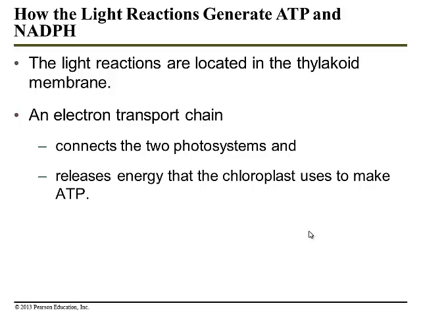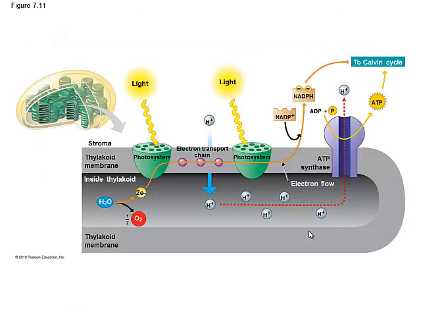So, we already said that, didn't we? So, that electron transport chain, we're going to see it again in this reaction of photosynthesis. It's going to help connect the two different photosystems, and then who's going to get released? Yeah, energy. So we're going to help make energy in these photosystems.